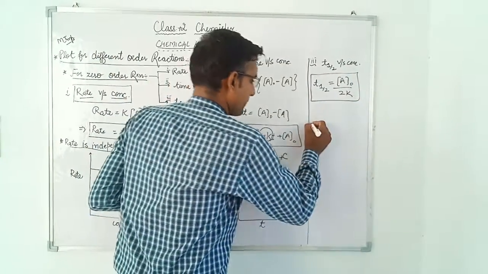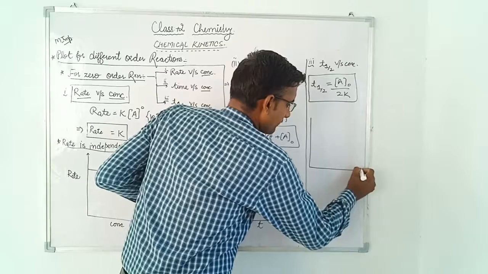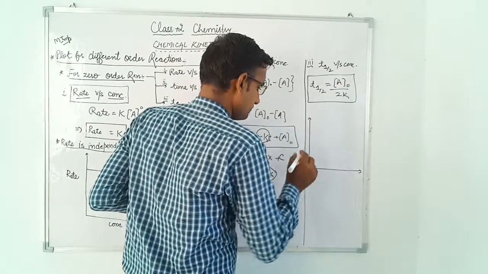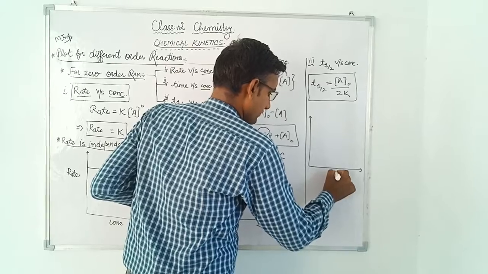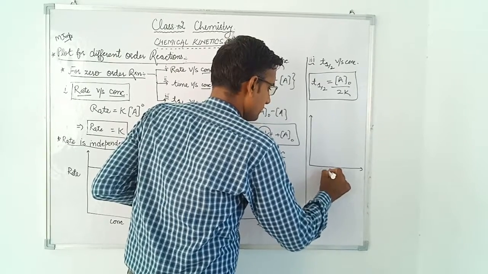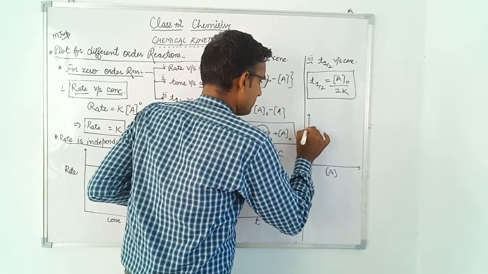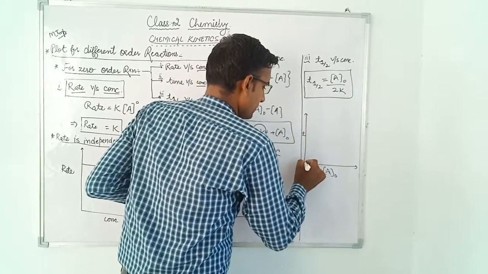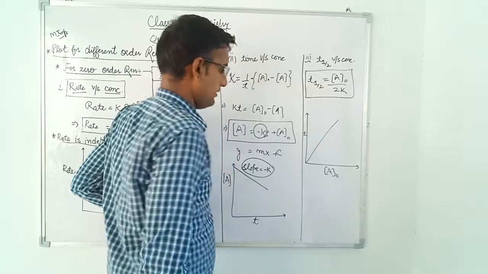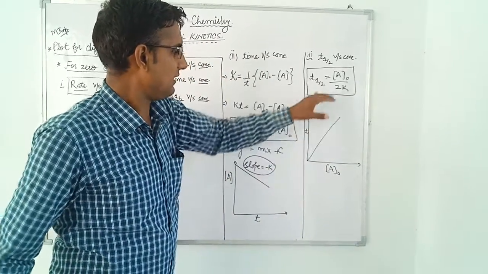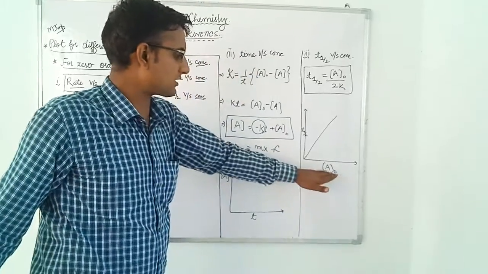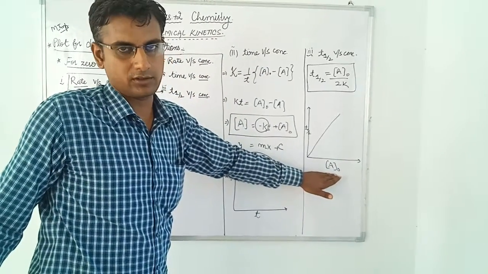If it is directly proportional to a naught, and if we draw the plot between concentration and t half, it is a straight line which shows t half is directly proportional to a naught.